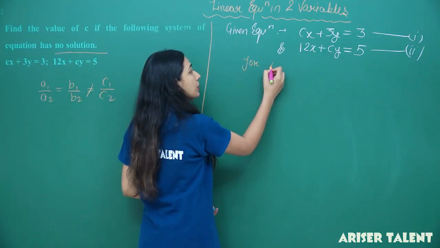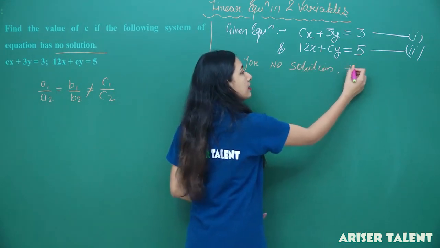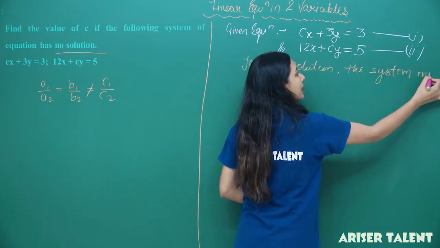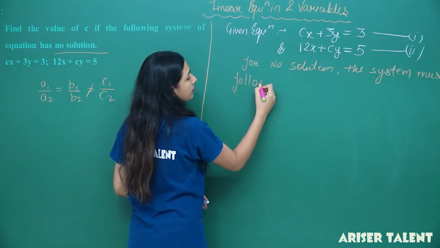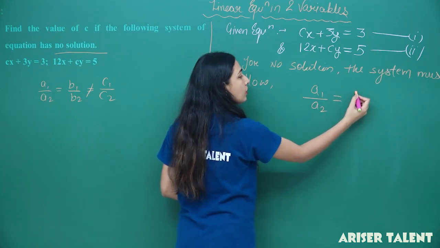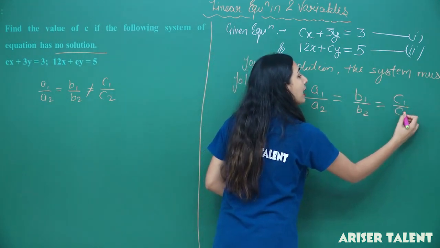Okay, so can we write: for no solution, the system must follow A1 by A2 equals B1 by B2 not equal to C1 by C2.